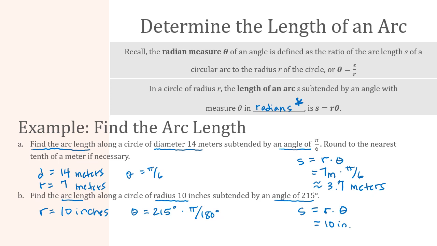Now I'm going to let you do that in your calculator. I got 43 pi over 36 when I reduced that fraction. I'm going to leave it in exact form, and if I'm going to round, that's not going to happen until the end. So I'm going to multiply the radius by 43 pi over 36 because that's my angle measure, and put it into my calculator. I get approximately 37.5 inches.